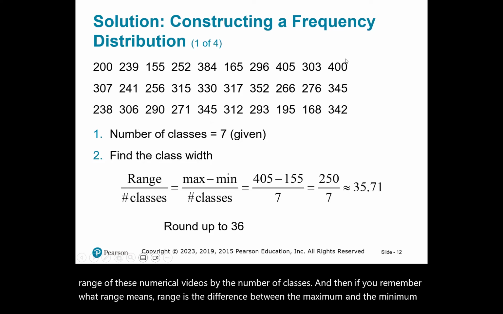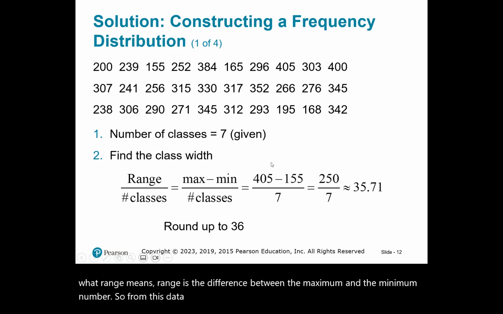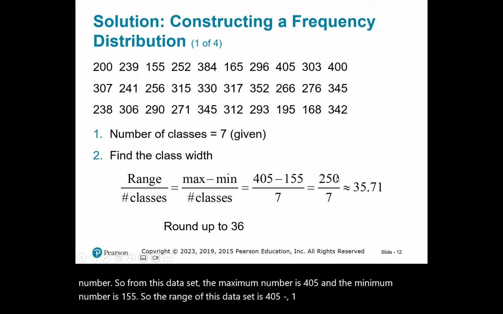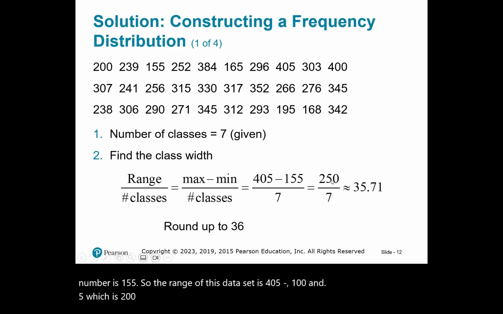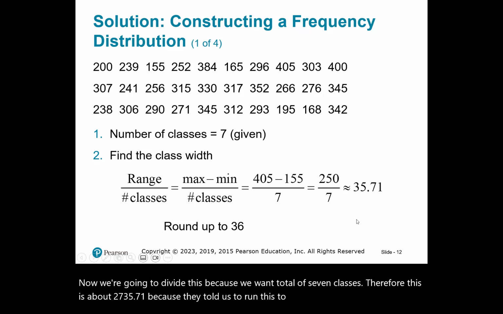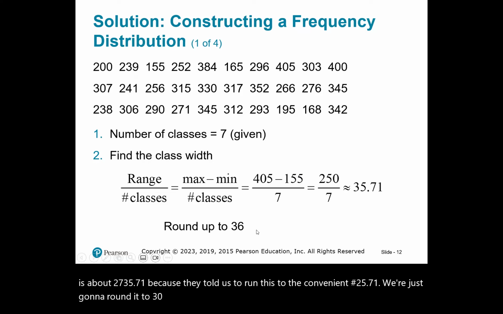From this data set, the maximum number is 405 and the minimum number is 155. So the range of this data set is 405 minus 155, which is 250. Now we're going to divide this because we want a total of 7 classes. Therefore, this is about 35.71. Because they told us to round this to a convenient number, we're just going to round it to 36. So this will be the class width that we need for this data set.